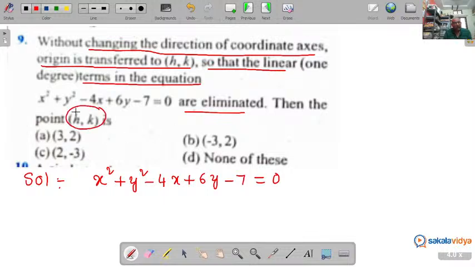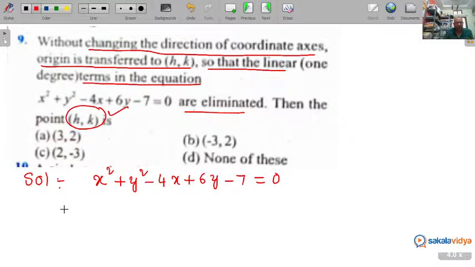Then what is h comma k? To which point it is to be translated so as to remove the first degree terms? That is the question. See, we have very simple logic.